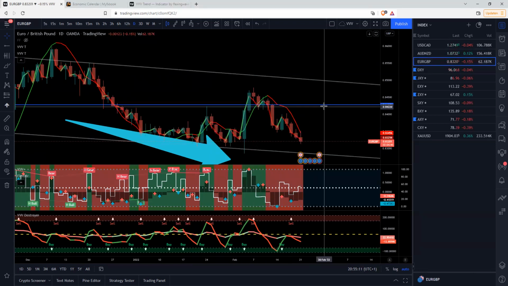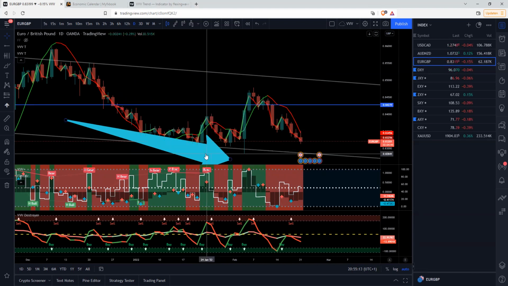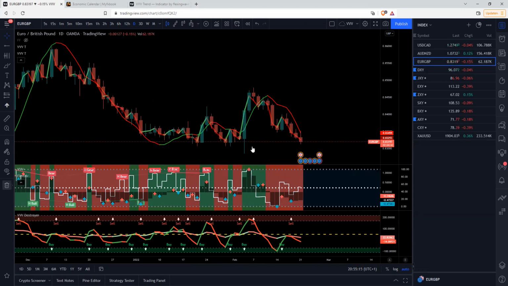This was the zone we are looking for, but look how this stuff is working actually. You got here the sell, got here the cross. Actually, here was also the cross below the main line.